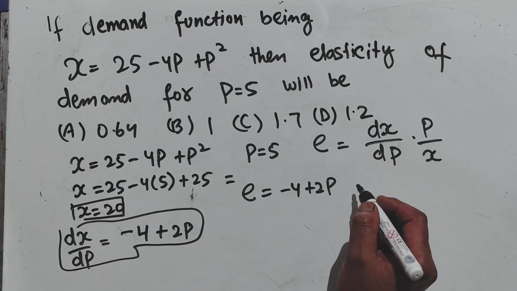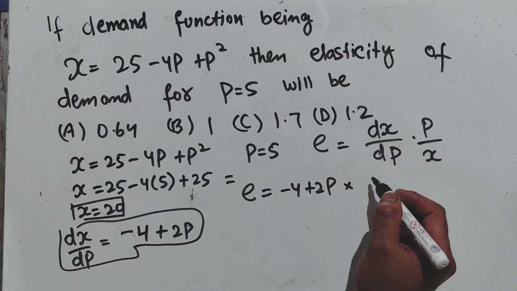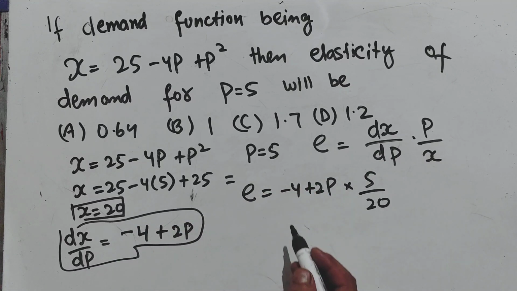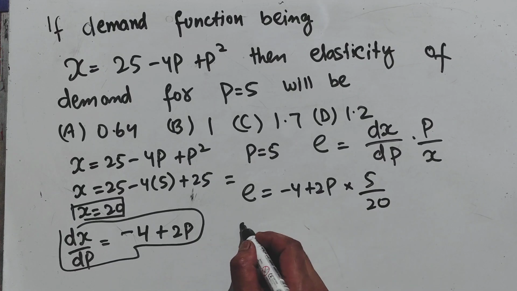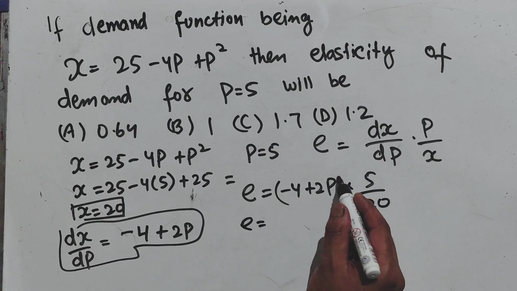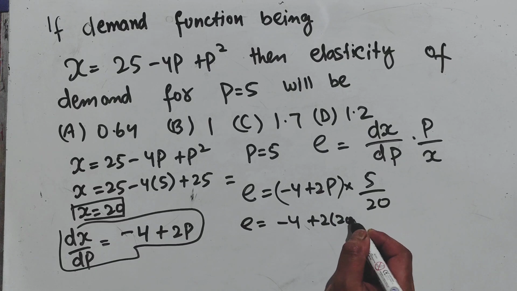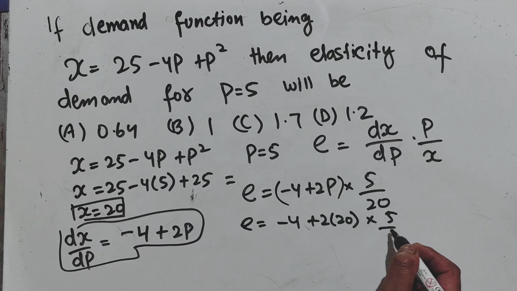Now elasticity of demand will be dx upon dp, which is minus 4 plus 2 times p, times p, which is being given to us as 5, upon the quantity demanded at that very price, which is 20. Okay, we also need to plug the value of p here, so e will be equal to minus 4 plus 2 into p, times 5 upon 20.